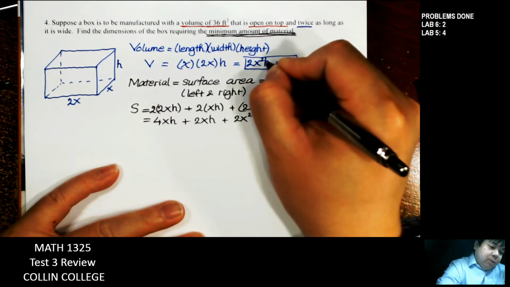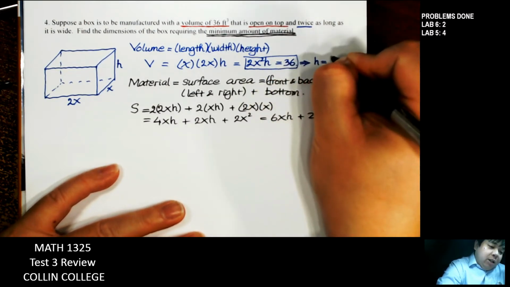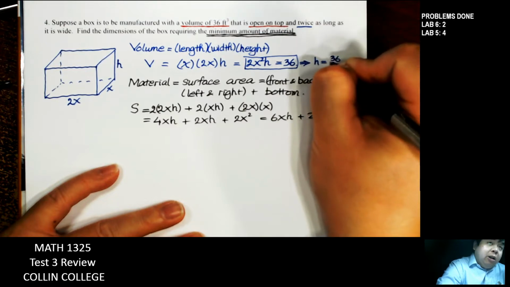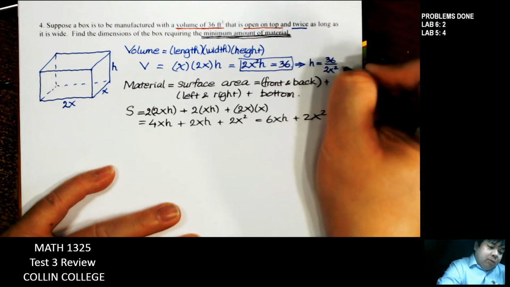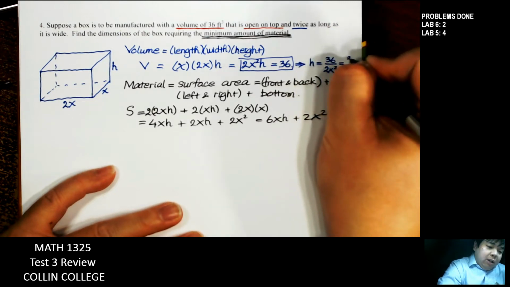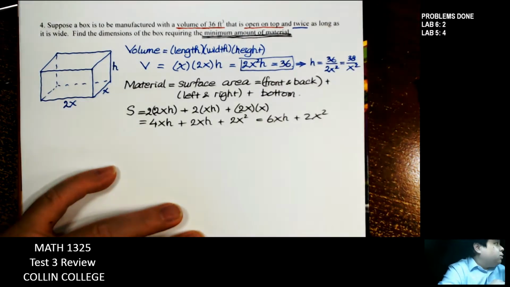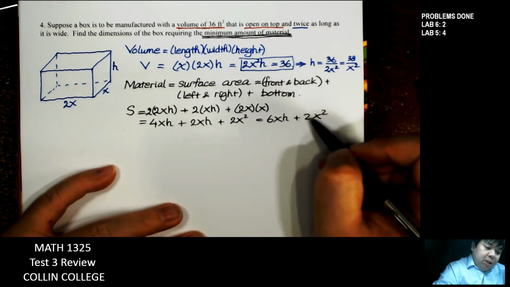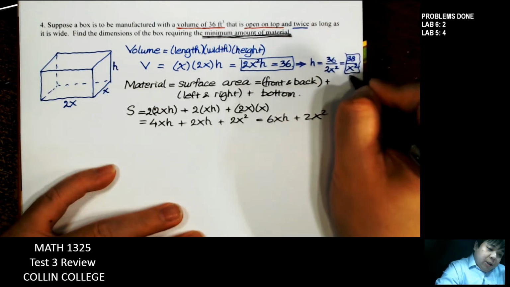To simplify things, we need only one variable. The good thing is from this equation, if we solve for h, we will have h equal to 36 divided by 2x squared, which is 18 over x squared.